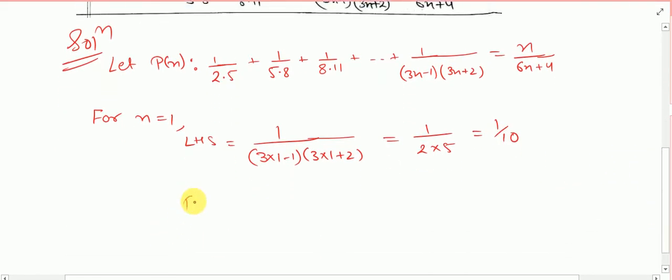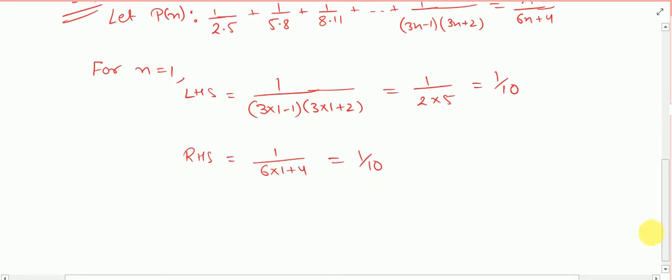And your right hand side will be 1/(6 into 1 plus 4), so you are getting 1/10. So you can write therefore P1 is true.